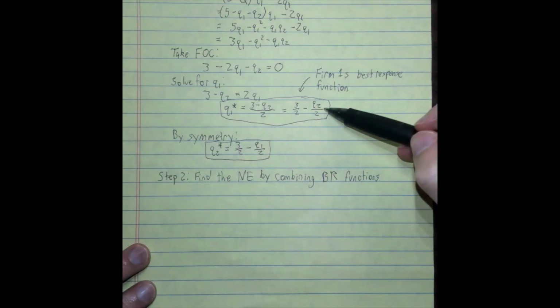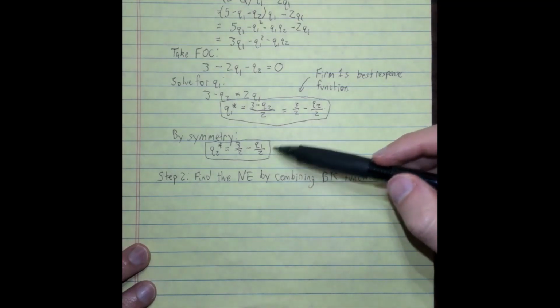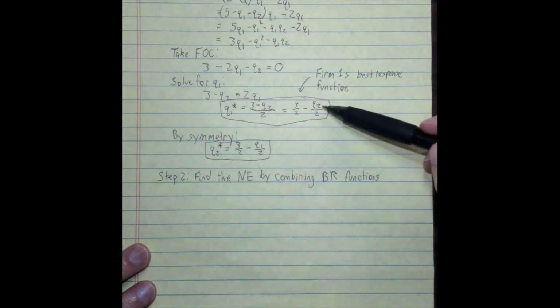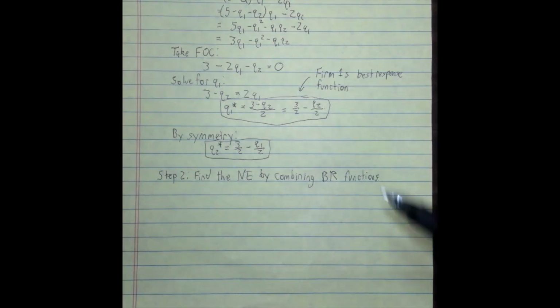If I say that firm 1 has some conjecture about what firm 2 will do, and their conjecture is that firm 2 is going to play their best response to firm 1, then we can just plug that in here and then solve out for what would be the outcome.